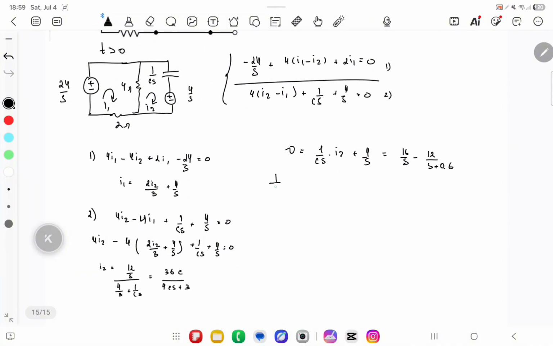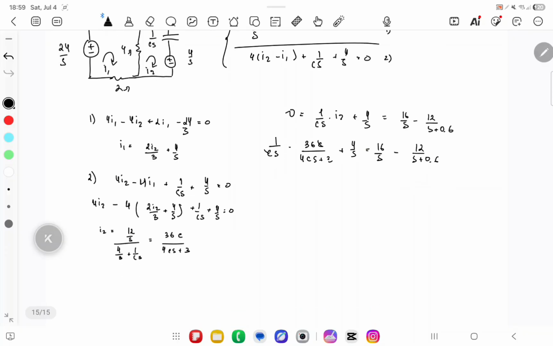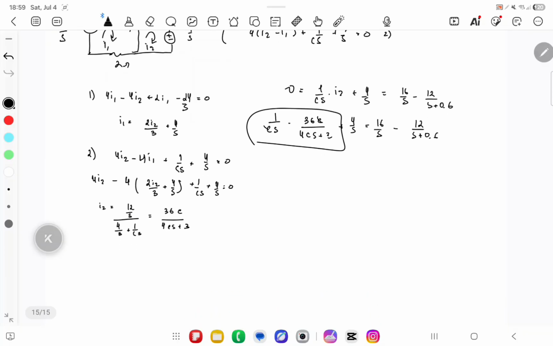So we substitute the value of I2. And first of all, I like to just simplify this guy over here.